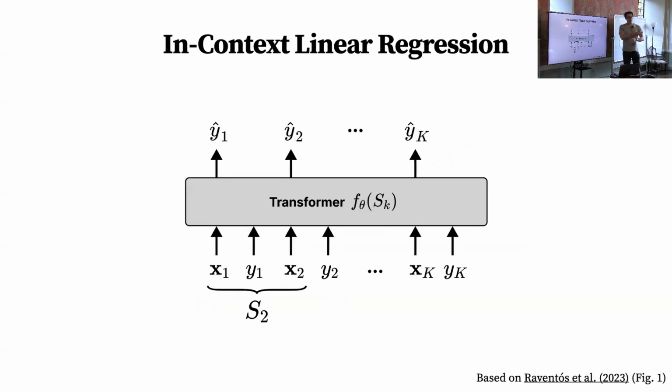Okay, so we flatten these. We pass them into our transformer one by one, so an X, a Y, an X, a Y, and so on. And then we train the model to predict the Y's for each of the X tokens. So this one is supposed to be as close as possible to this one, and so on.